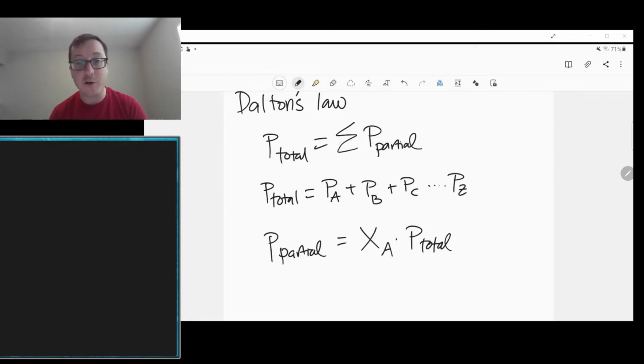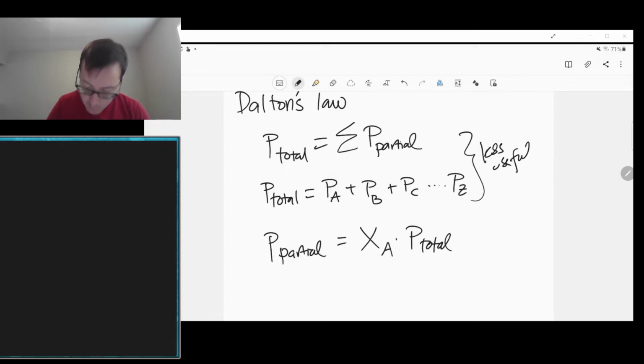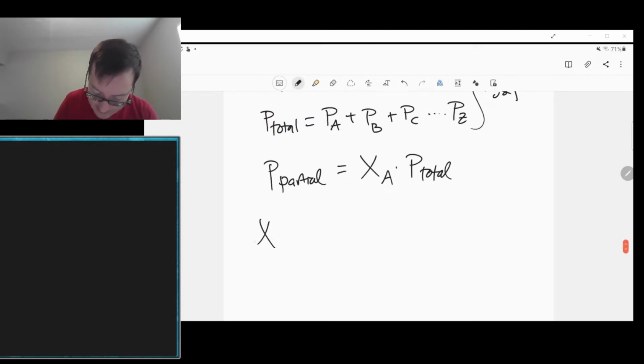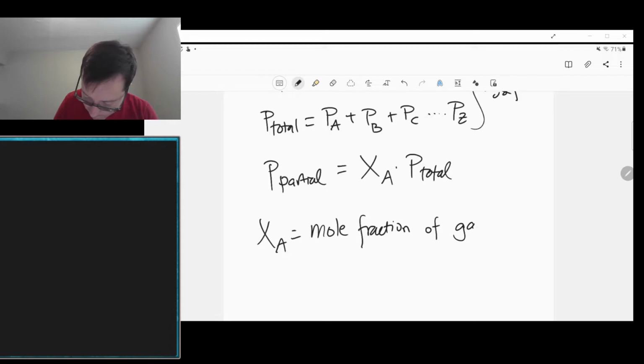This is going to be a better way for us to describe this. We can talk about it in terms of the first two equations there, but they're a little less useful for calculating things. And we're going to say that x is what's called the mole fraction. And mole fraction is simply your moles of A over your total moles.